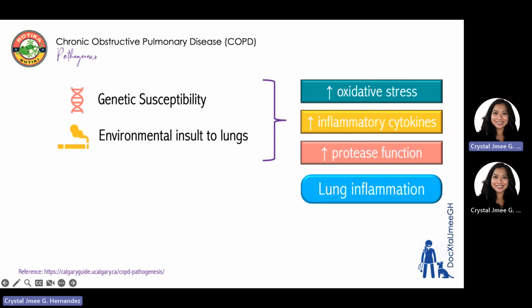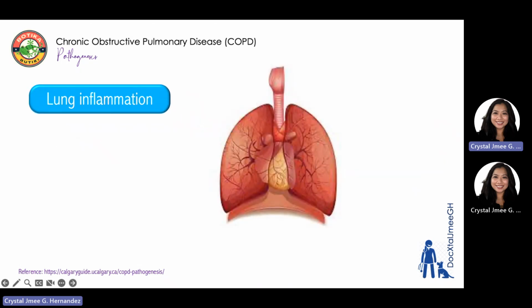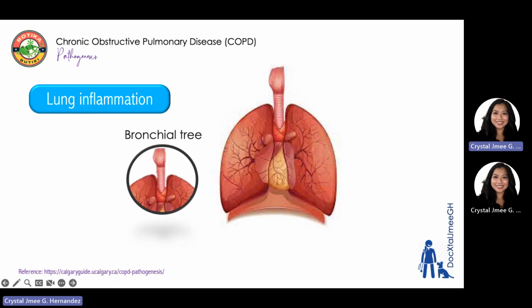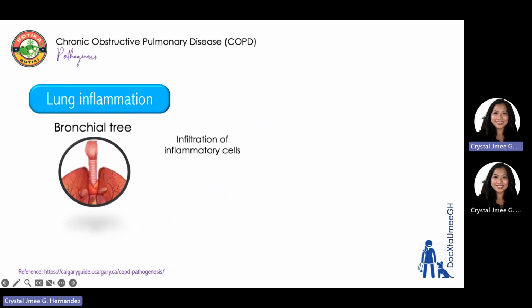Now, lung inflammation can happen in any part of the lungs, but particularly if the lung inflammation is focused on the bronchial tree, and there is continuous injury to the bronchial tree, it will lead to infiltration of inflammatory cells. Such will result in airway fibrosis and narrowing.